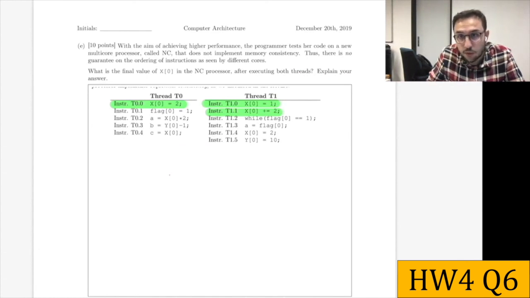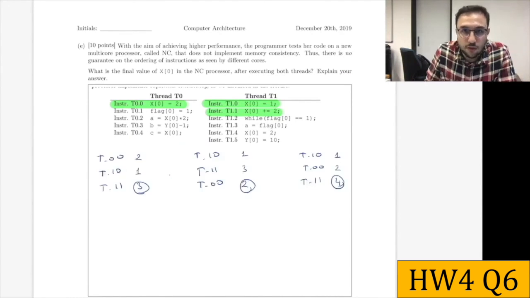Earlier we made the assumption that T11 always executes after T10. But from the perspective of core 0, we can observe that T11 executes first and then T10 executes. In the second part of the question, there were these 3 possible orderings of these instructions. Now we also need to consider the cases where T11 executes before T10.